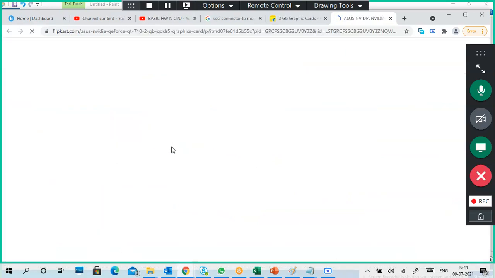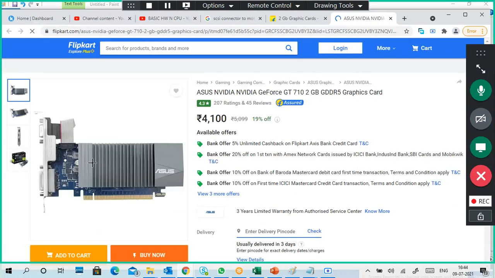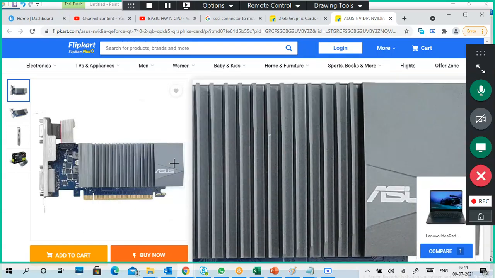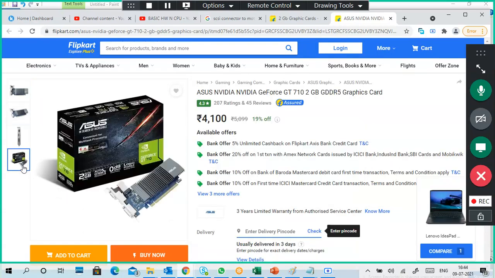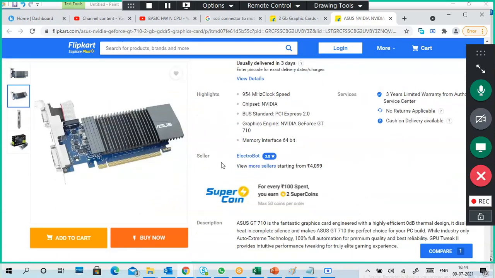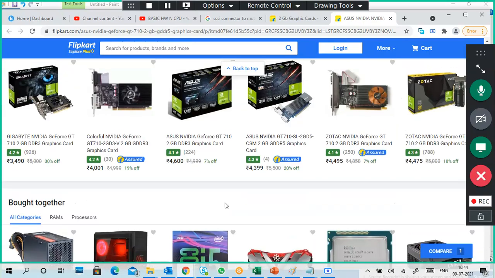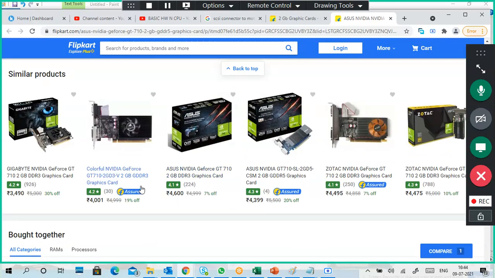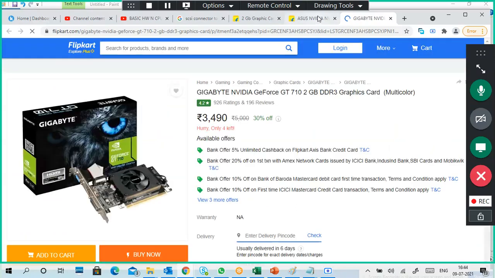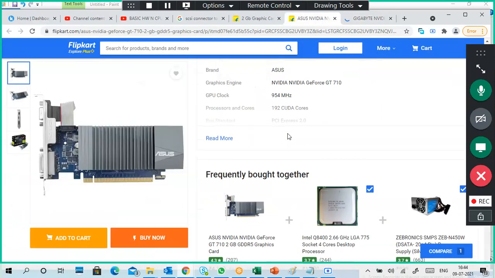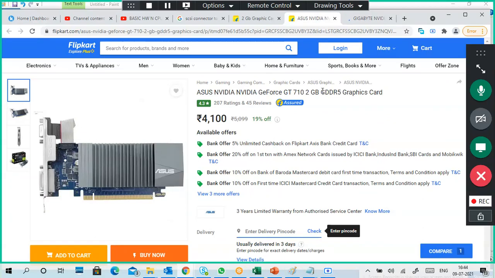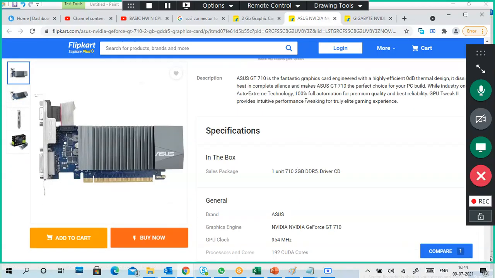Now the cost is increased a little bit. I think this is the Asus, right? So obviously cost will be there. If you see, this is Asus. Why is the cost higher? It contains a processor as well as RAM inside.